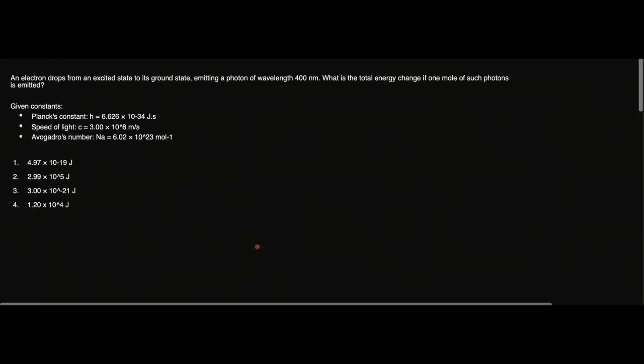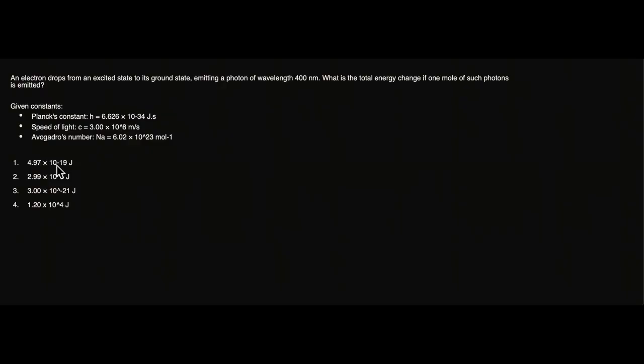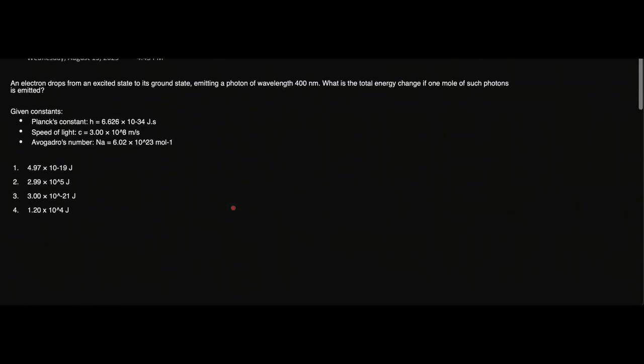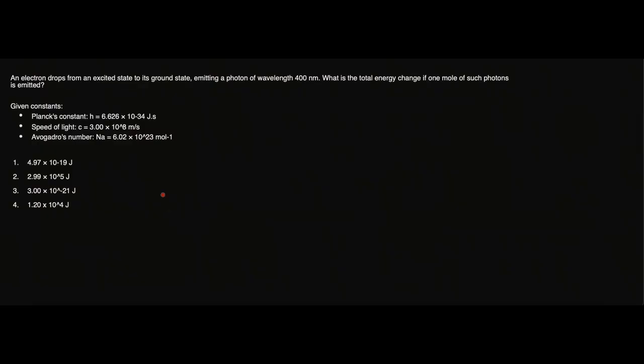And this is a very small number because it's the energy emitted by just 1 photon. And that's why I was planning on eliminating 1 and 3, because these are the types of numbers you would get for just 1 photon. But we are looking for 1 mole, which is a huge number. So 1 and 3 already eliminated. 2 and 4.